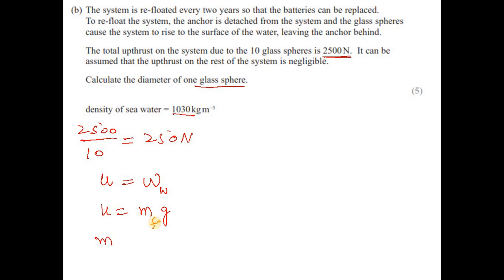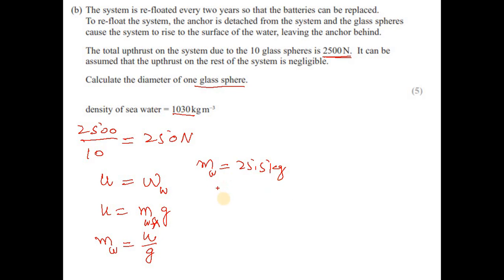So mass of the water is equal to upthrust divided by g. That means m_w is equal to 250 divided by 9.81, which is 25.5 kg.